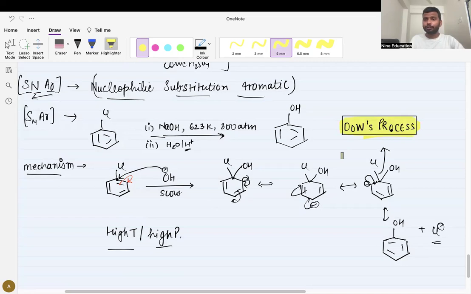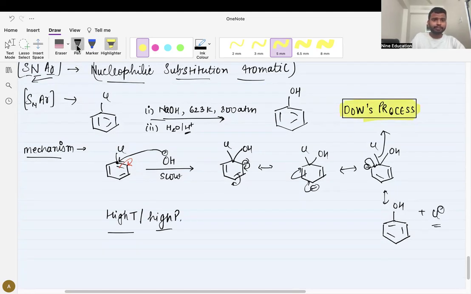But if someone wants to decrease the temperature and pressure to low, what can I do? Let's say I add some electron withdrawing groups, some minus M groups, at the ortho and para positions. So there are two positions where negative is coming, one at ortho and one at para.